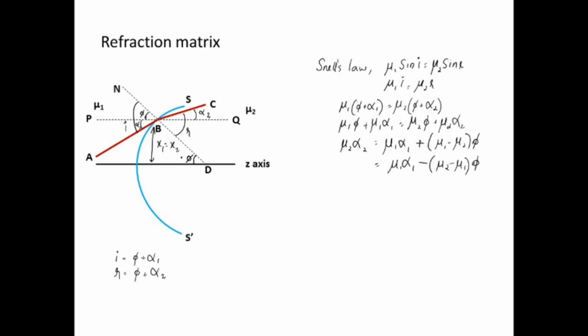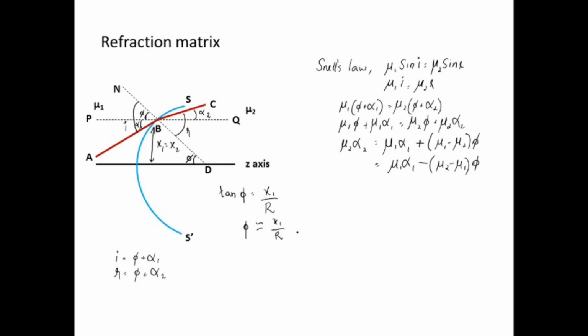Here, from the arc shown here, I'm going to write the tan of phi. Tan phi can be written as x1 divided by r. Since phi again is very small, tan phi is approximated to phi. I get phi is approximately equal to x1 by r.